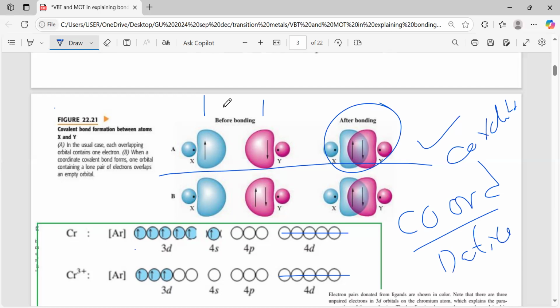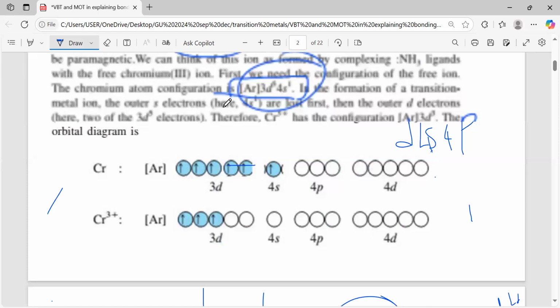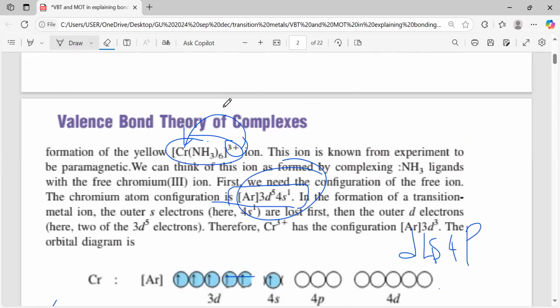And these are the bonds we find in metal complexes. So we can already speculate that this complex that we are concerned with for now contains coordinate or dative bonds. And that's why such complexes are called coordination complexes, because of the type of bonds in them.